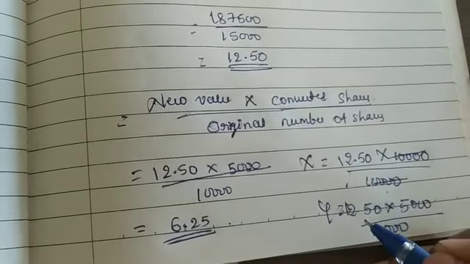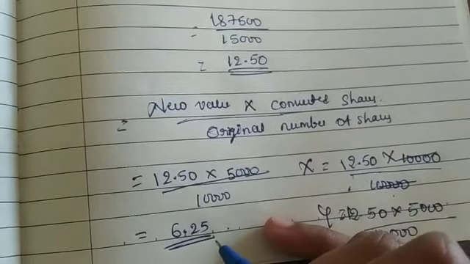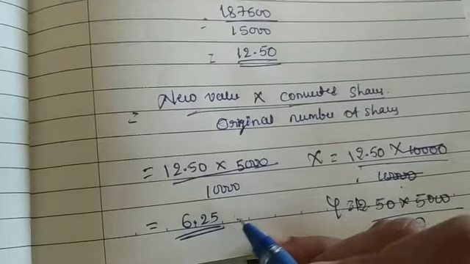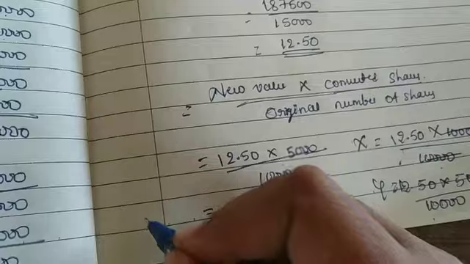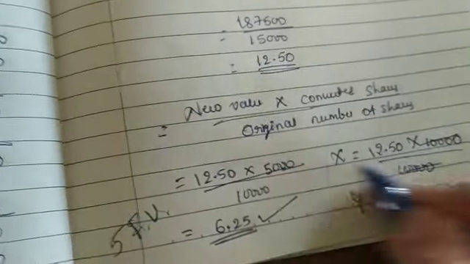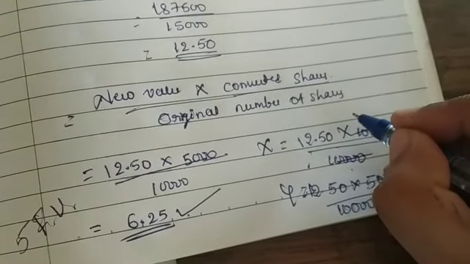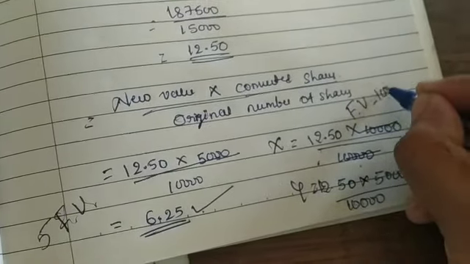Then Y type is 12.50 into 5,000 divided by 10,000, and we get 6.25. This is the value of the Y type share which has face value 5, and 12.50 is the value of the X type share which has face value 10.